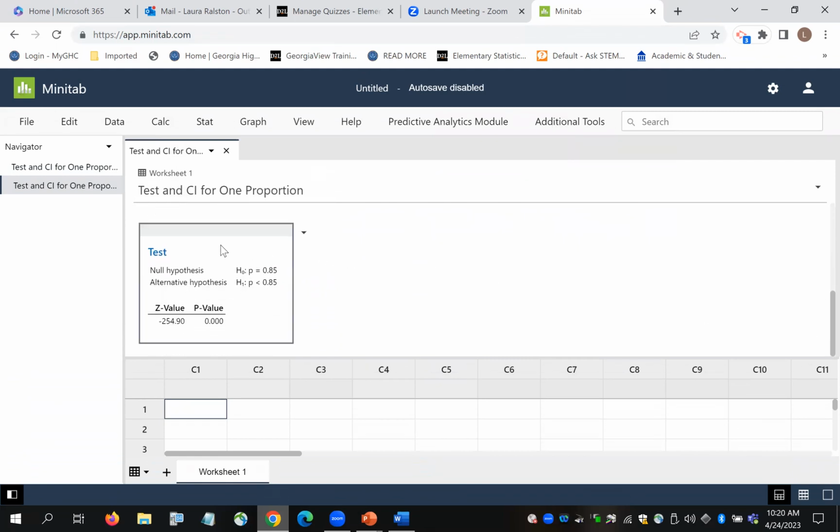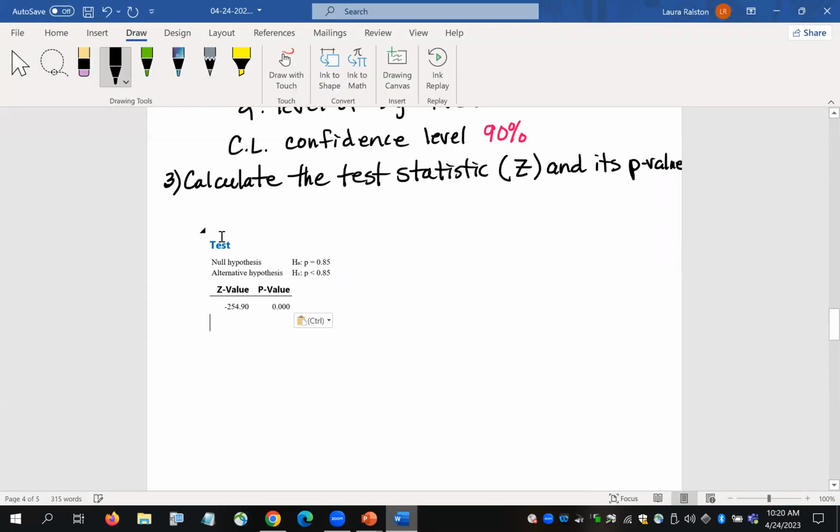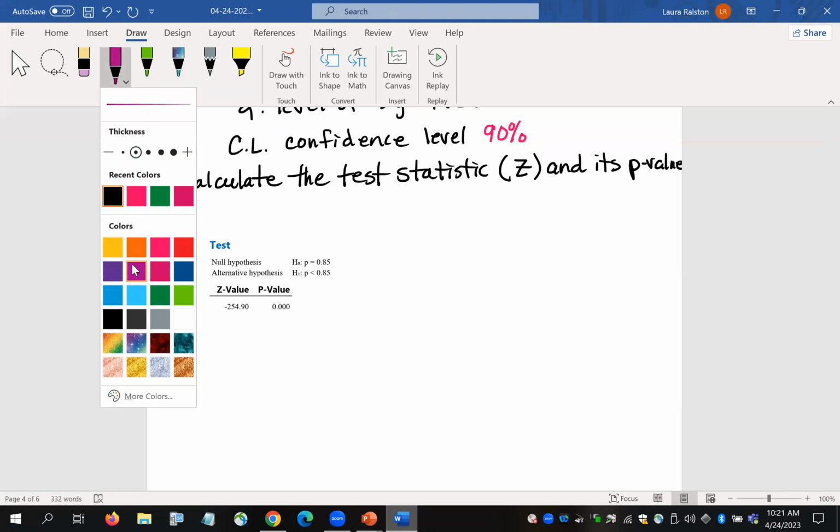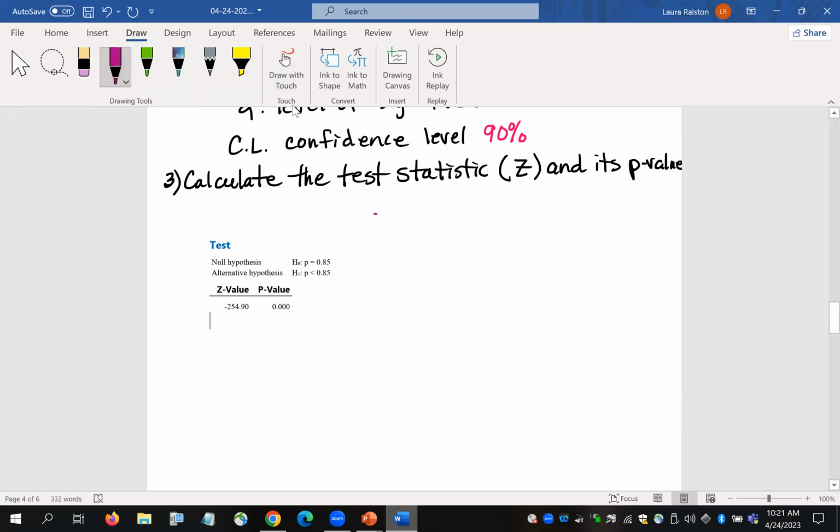Okay, so we get our test results, find the header labeled test, and we get a Z test statistic of negative 254.90.